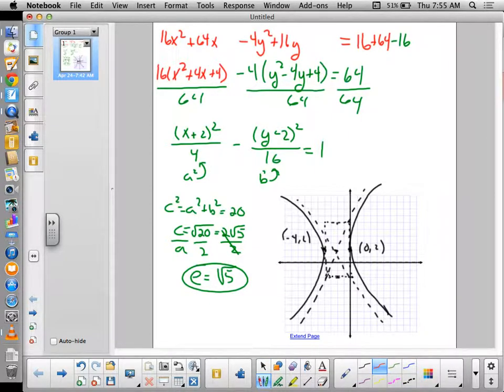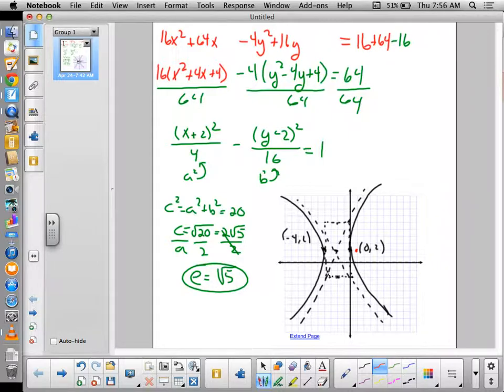My foci, focal points, if you don't like the word foci, you can always say focal points, are 2 root 5 distant from the center.